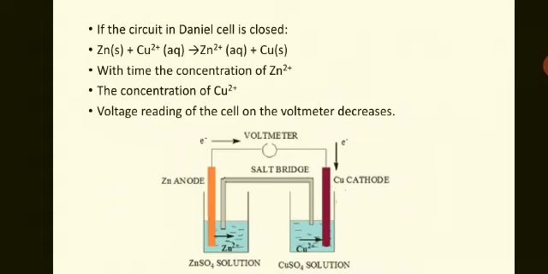If the circuit in the Daniell cell is closed, then the following redox reaction will take place: zinc solid plus copper ion aqueous gives zinc ion aqueous plus copper solid. With time, the concentration of zinc ion increases and the concentration of copper ion decreases. So the voltage reading of the cell on the voltmeter also decreases.